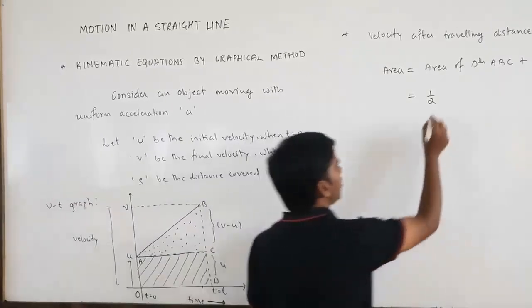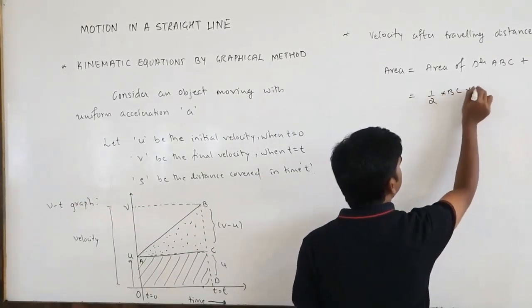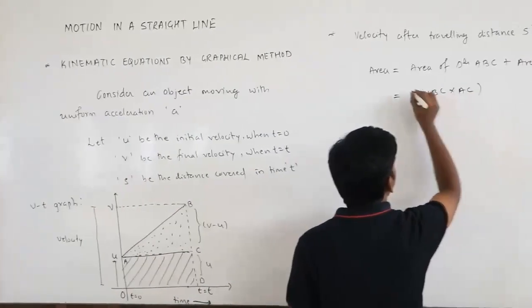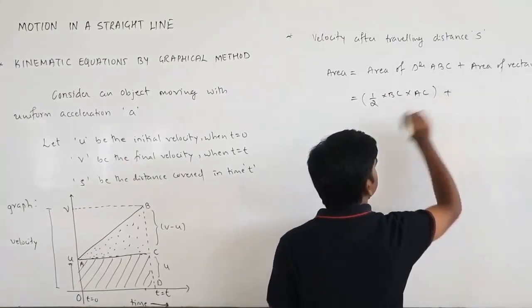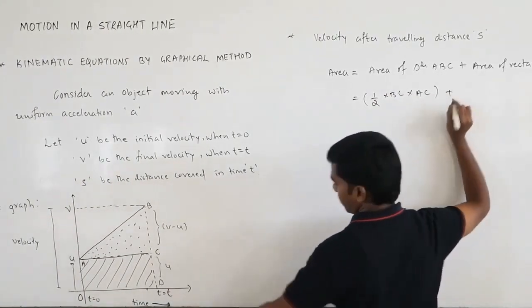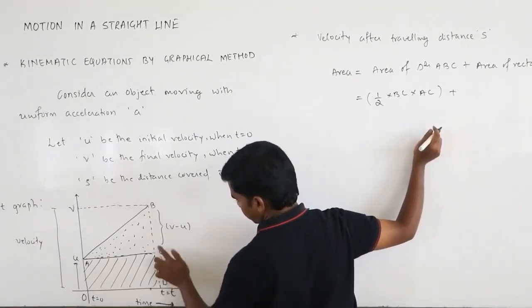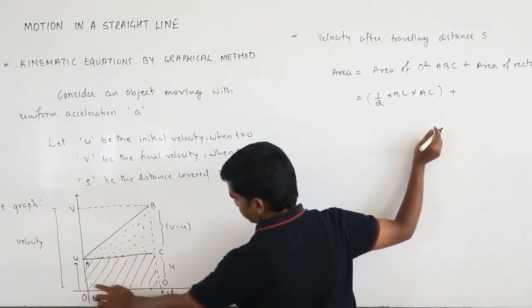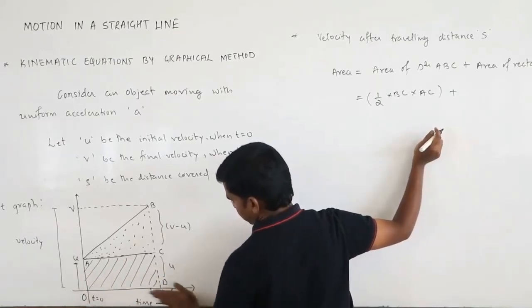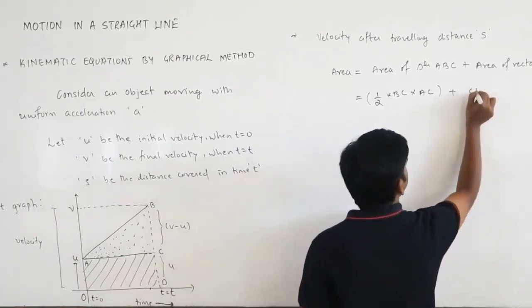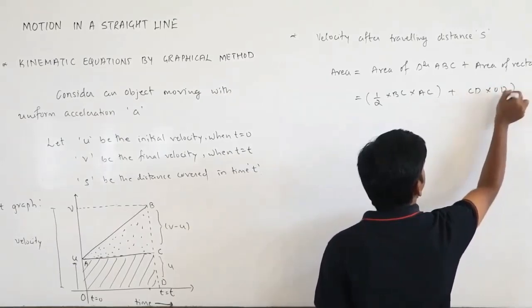So half into BC into AC, plus the area of rectangle ACDO, which is CD into AC, or you can take OD. So CD into OD.